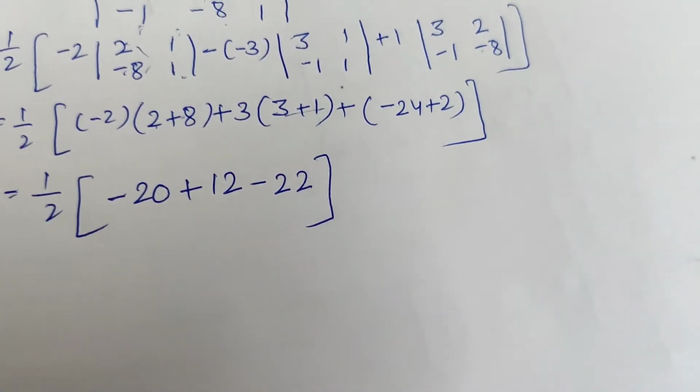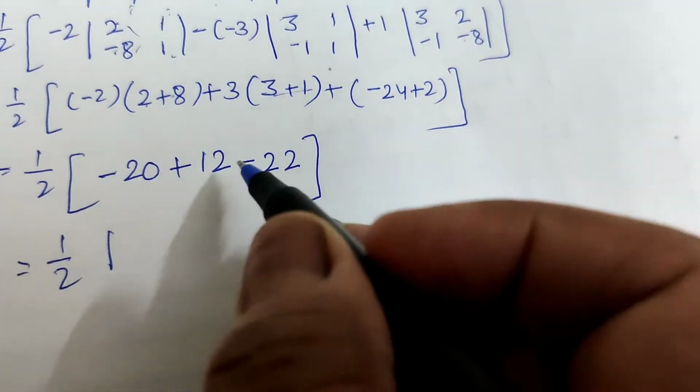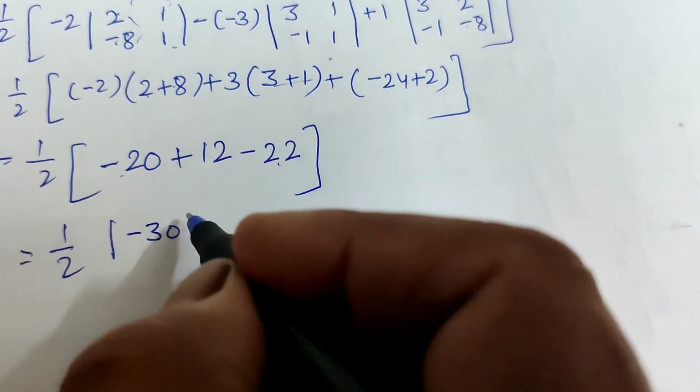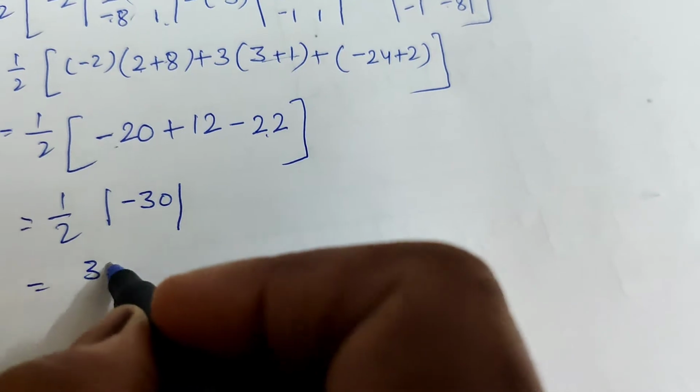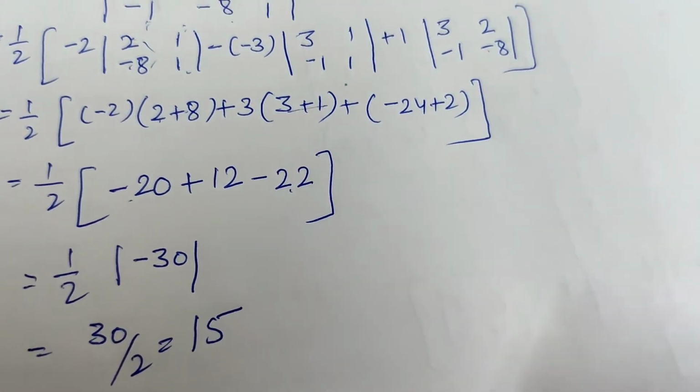The absolute value: minus 20 plus 12 minus 22, it means 30 by 2. The area is always a positive number. 15.